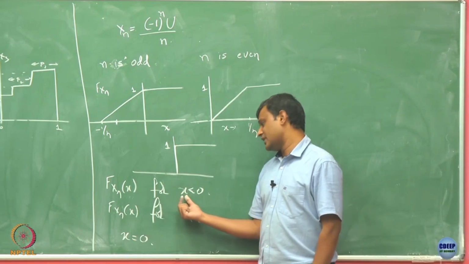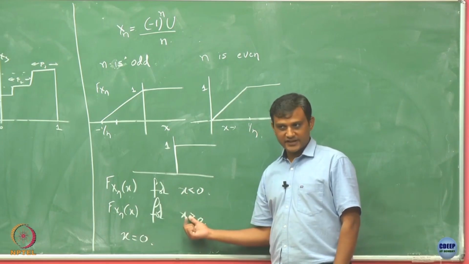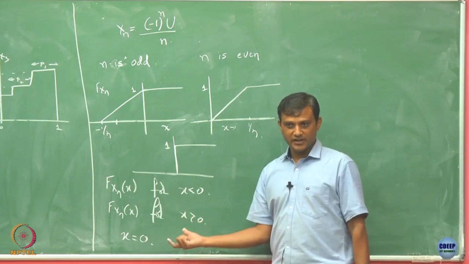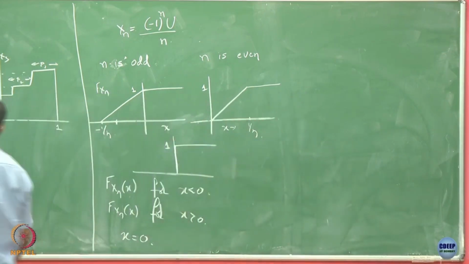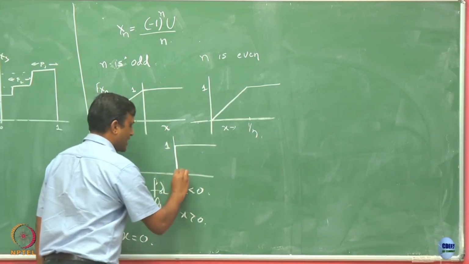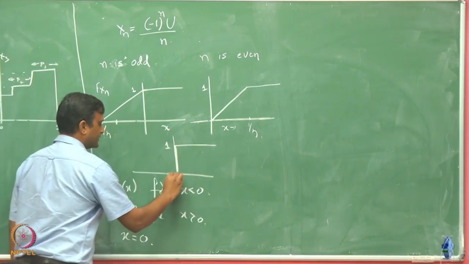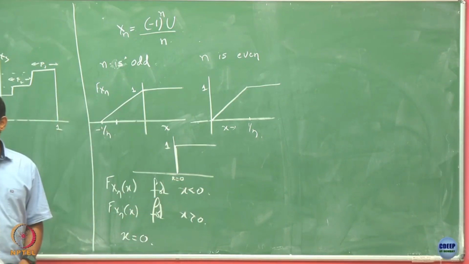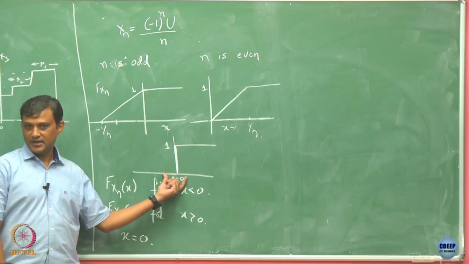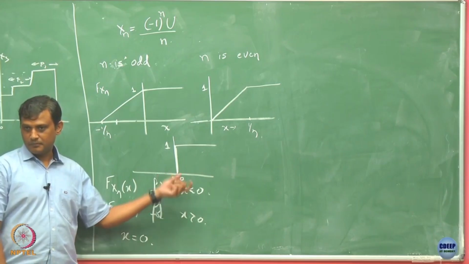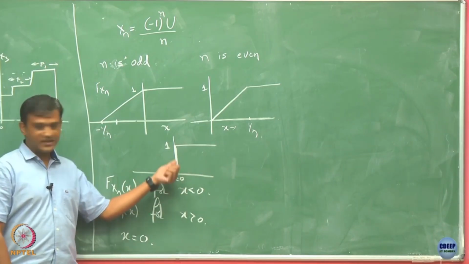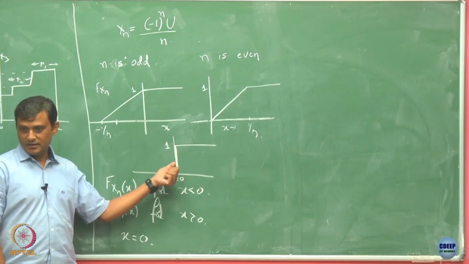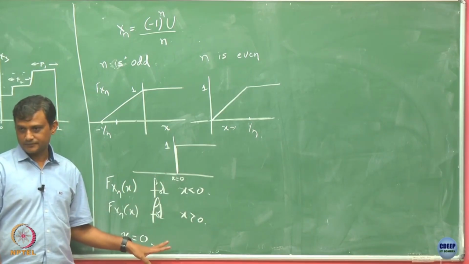So it is converging for x less than 0, converging for x greater than 0, but for x equals 0, it is not converging. So as you see, this limiting distribution has a jump or a discontinuity at the point x equals 0, but at all the other points it is continuous. But now you see that at the point of discontinuity, this convergence is not happening.